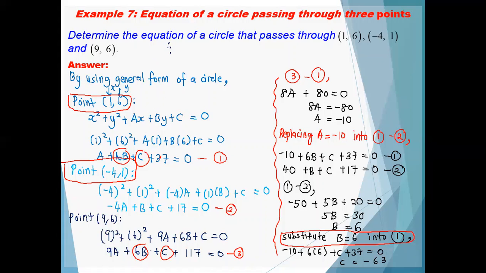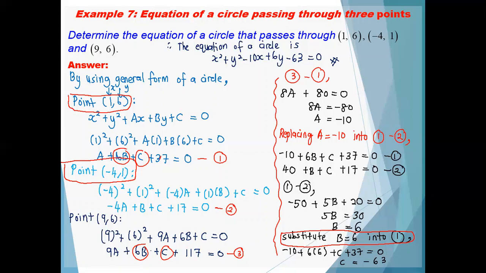Therefore, saya sambung kat sini, the equation of a circle is x square plus y square minus 10x plus 6y minus 63 is equal to 0. Okay, so that is the answer.